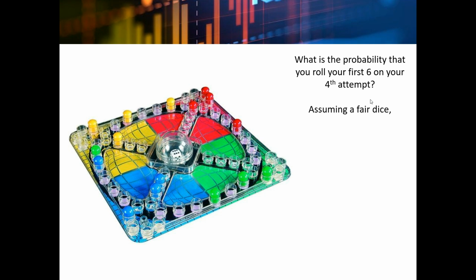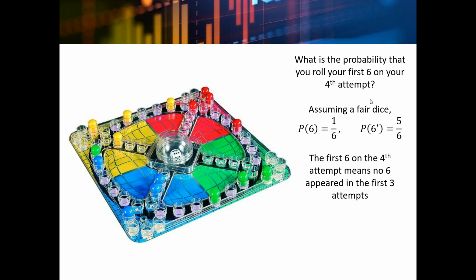Well, let's assume it's a fair dice for a start. The probability of getting a 6 is a 6th, assuming it's fair. And the probability of not getting a 6 is the remaining probability, so 5/6. In which case you failed the first 3 times and then succeeded. So we have 5/6 to the power of 3.